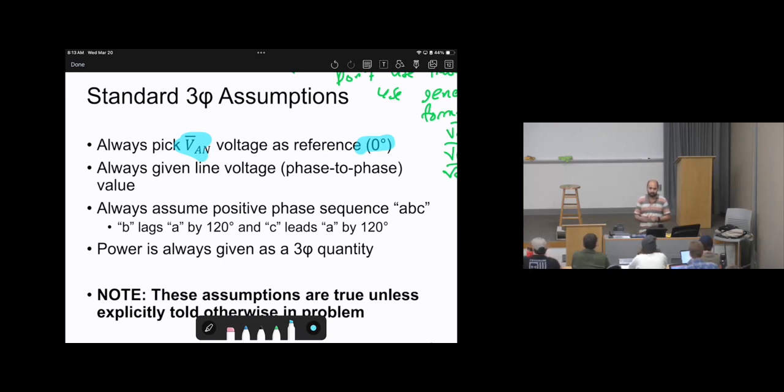So if you have the choice to do the analysis or to choose the angle of phase A, then choose it. Sometimes it can be given, then just use what you have. Then the second thing: whenever you see any voltage value, it is line to line. It's not line to neutral. So what does this mean and what should I do?